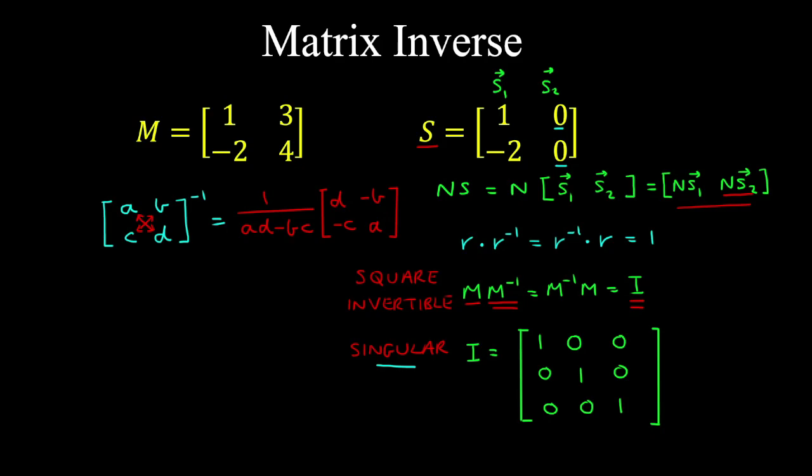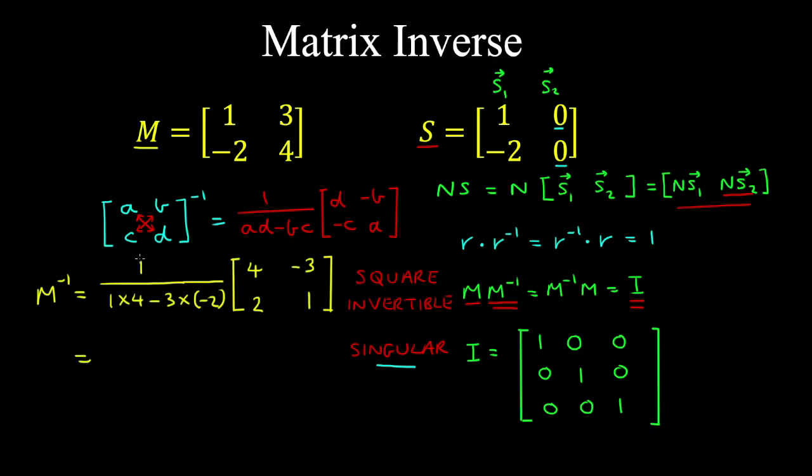So let's try this out by calculating the inverse of M. So 1 over A multiplied by D minus B multiplied by C. So we swap A and D and negate B and C. So what we end up with is 1 on 10 multiplied by this matrix.